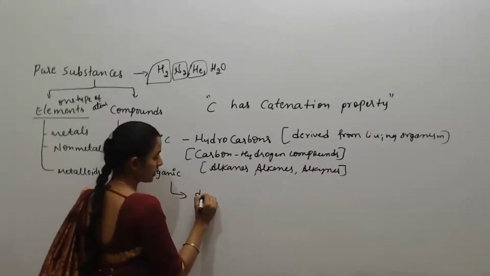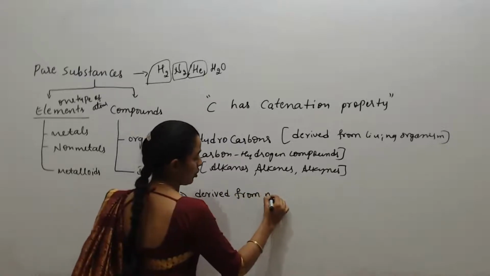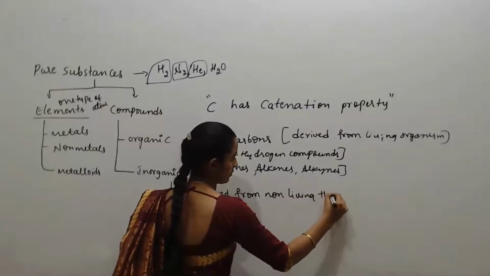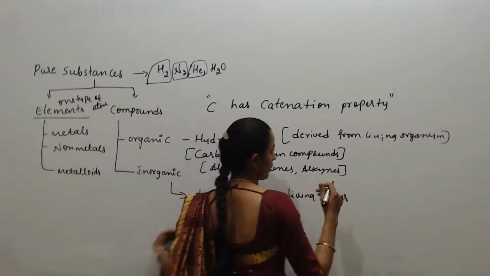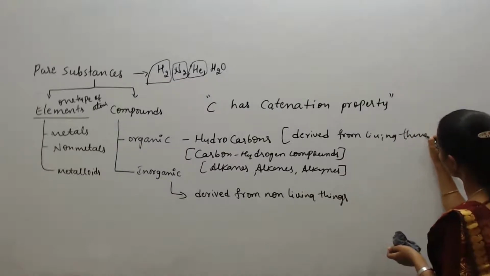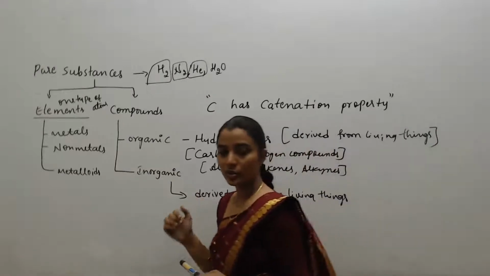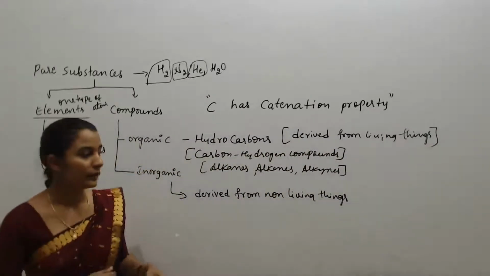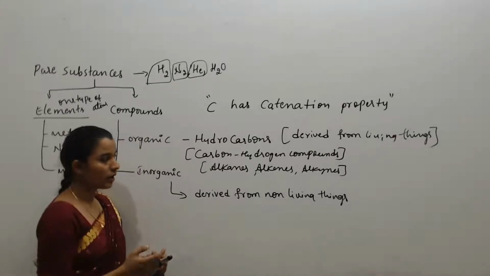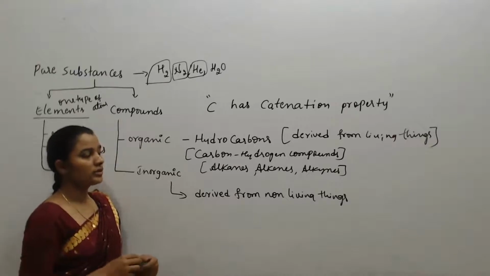The compounds which are derived from non-living things are called as what? Okay, so inorganic compounds are derived from non-living things. So they are called as inorganic, non-organic compounds. The ones which are derived from the living things are called organic compounds.